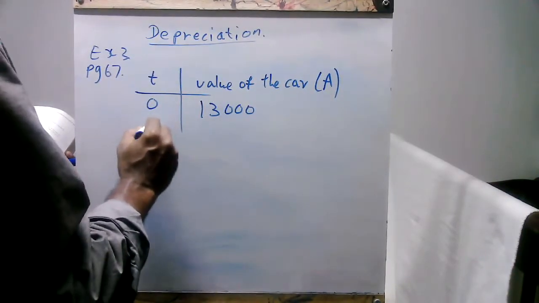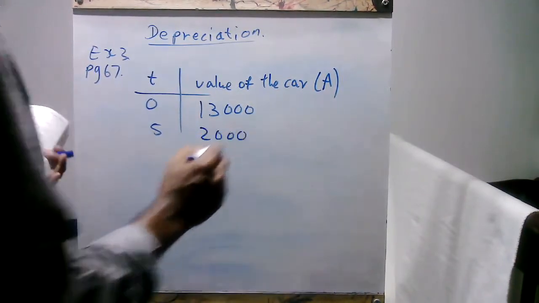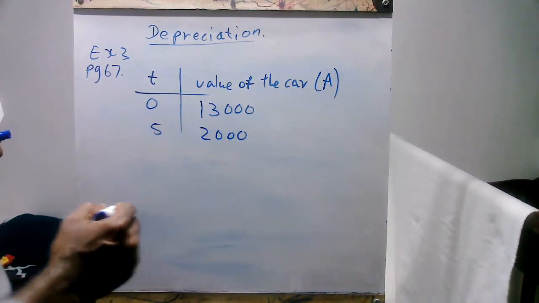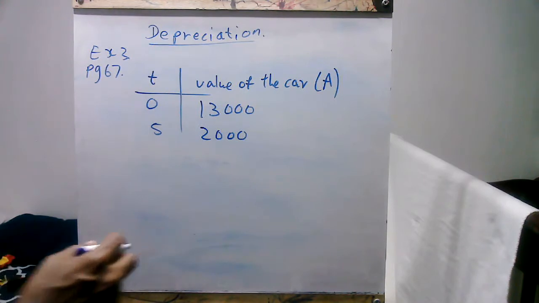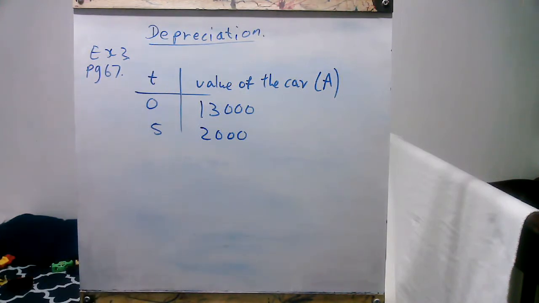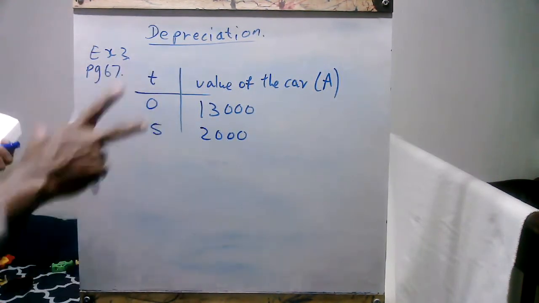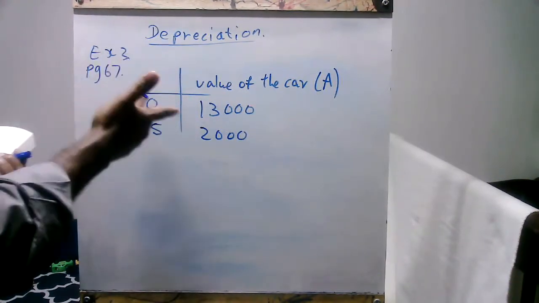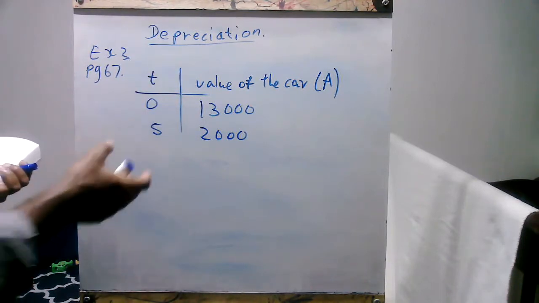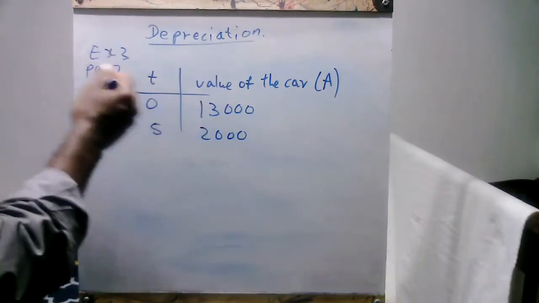After 5 years, it is 2,000. So nothing to worry about in this question. We can use the simple technique that we used under equation of line, assuming we get 2 points, 0, 13,000 and this.